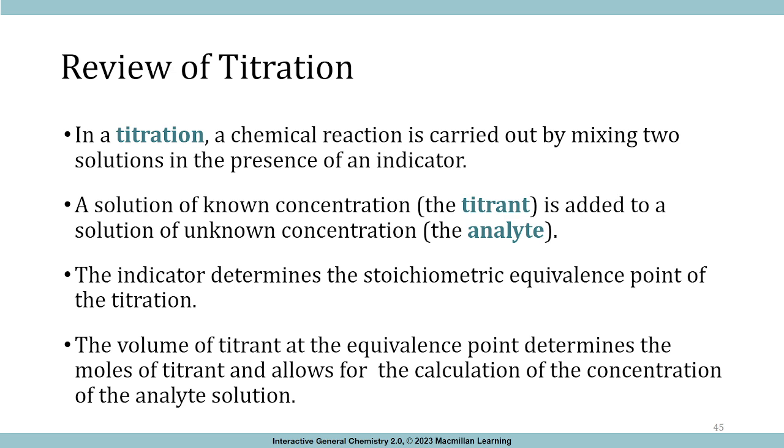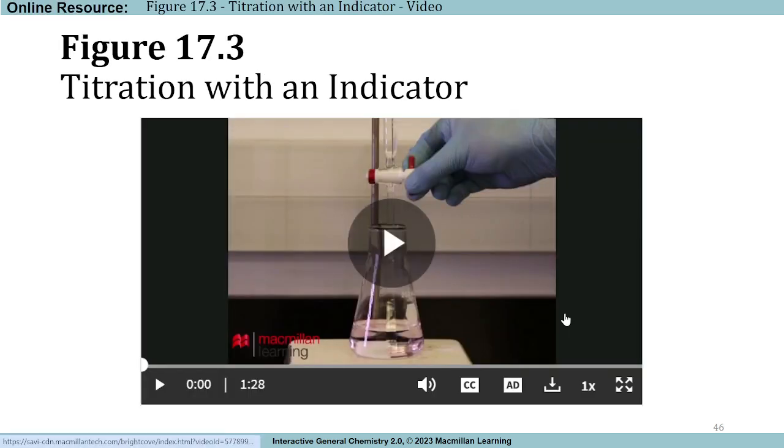And so those have an equal stoichiometric amount, i.e. the reaction has gone to completion. So the volume of the titrant at the equivalence point is going to determine the moles of the titrant and is going to allow for the calculation of the concentration of your analyte solution.